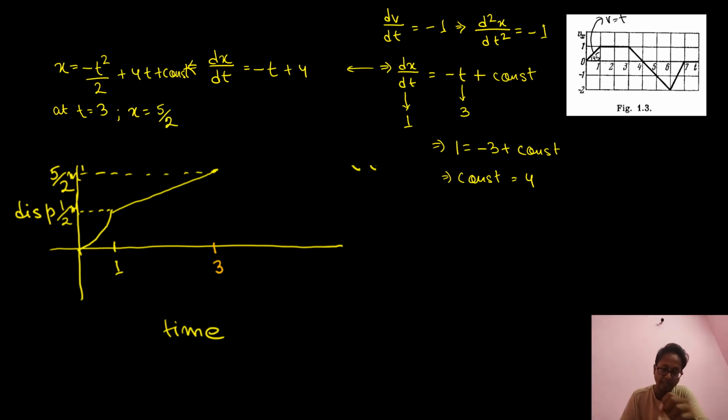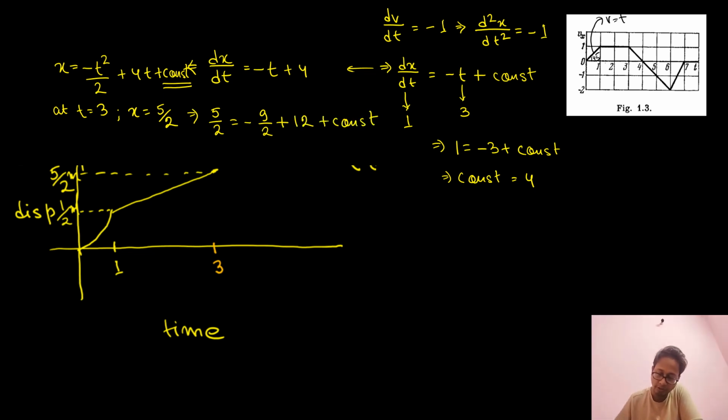We're doing indefinite integration. So if I apply these two values out here, I get the value of the constant: 5 by 2 is equal to minus 9 by 2 plus 4 into 3, 4 into 3 is nothing but 12, plus constant.